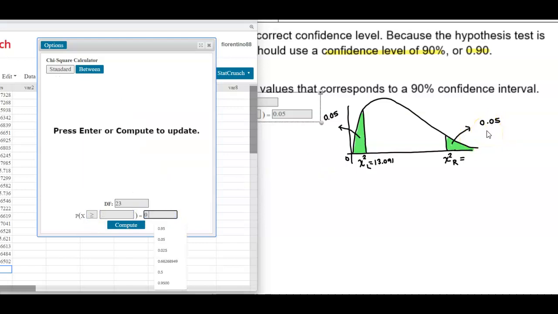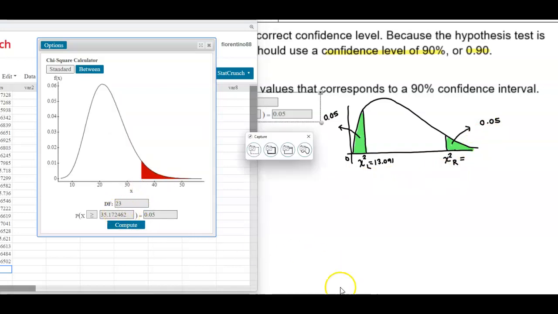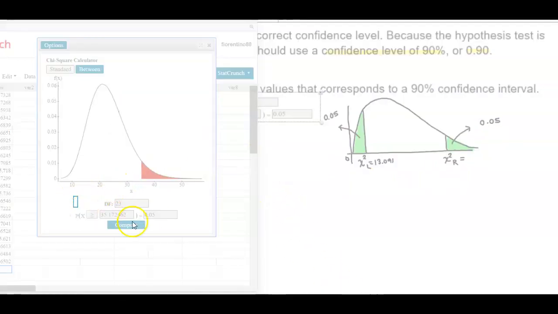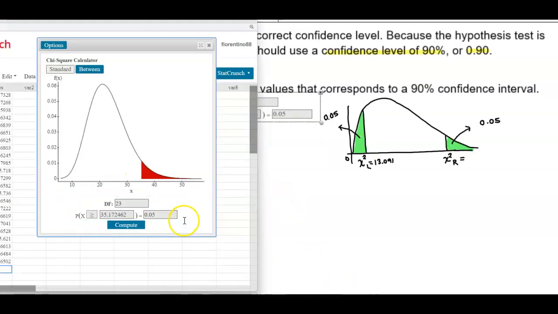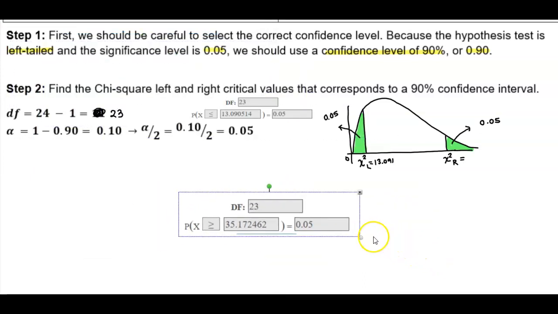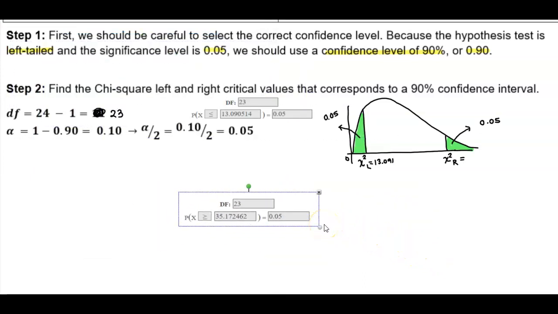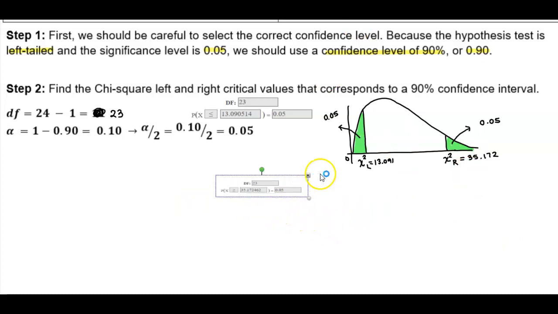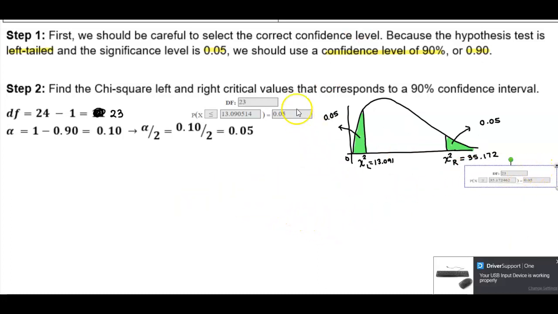We enter the 0.05 and press enter, and that's going to give us the critical value on the right-hand side. So there is the critical value there, and rounded to 3 decimal places, it is 35.172.